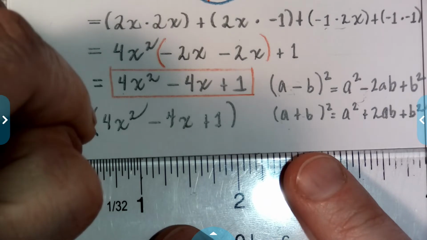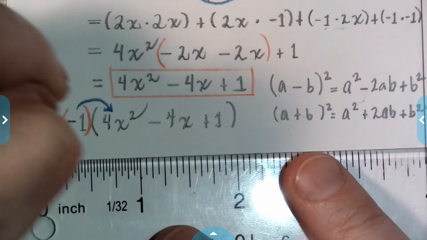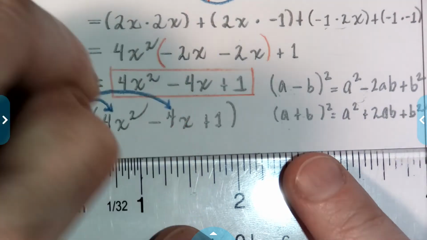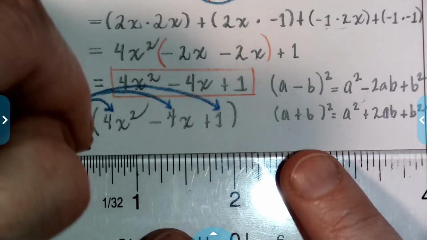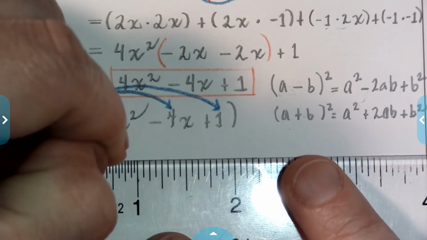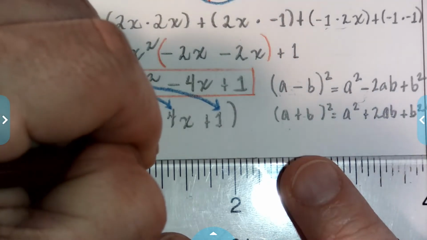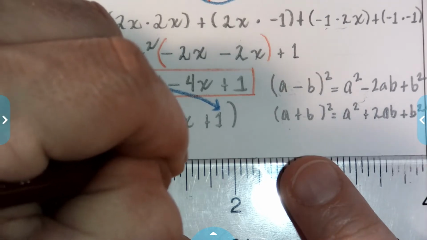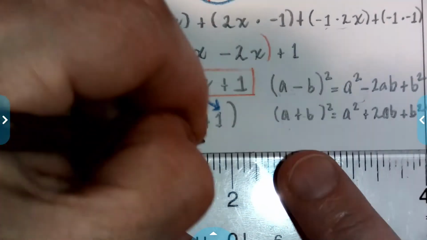So we're going to distribute and multiply the -1 to each of these terms. And all that's going to do is change the sign of each of these terms. So that's going to give me -4x squared plus 4x, and then -1 times +1 is -1.